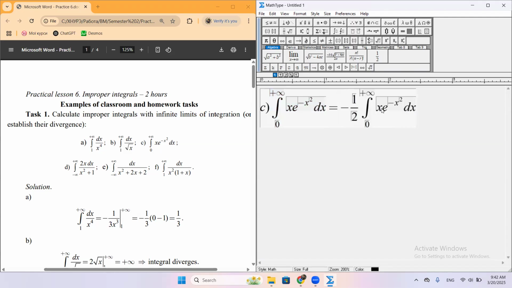So what do we have? So we have the differential of minus x squared. If we differentiate minus x squared, we will receive this expression. So nothing was lost.